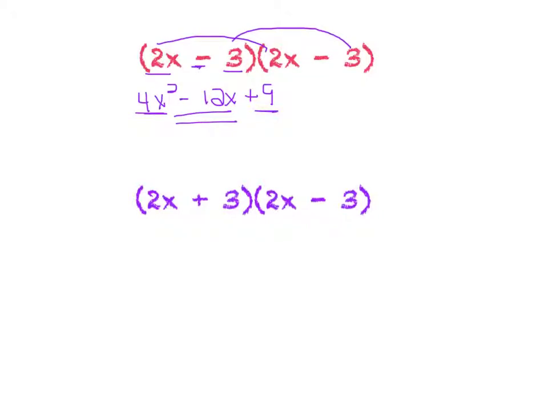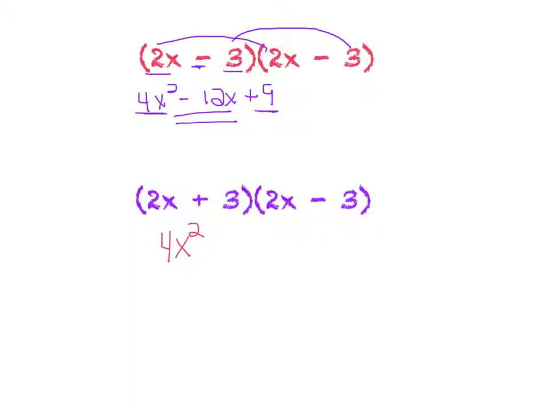So let's do this last example. See if it's one of the special cases, so we can use that shortcut. 2x and 2x, 3 and negative 3. So the first terms are the same, the last terms are the same, but one is addition and one is subtraction. So I'm going to square the first term, so this is the easiest. It fits that type 1, so I'm going to square the first term.